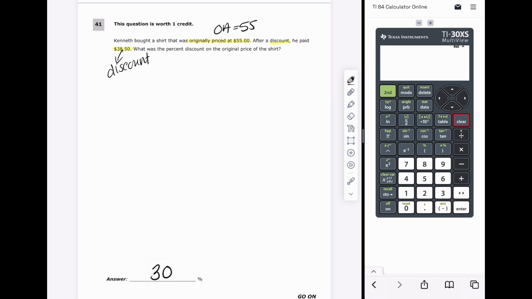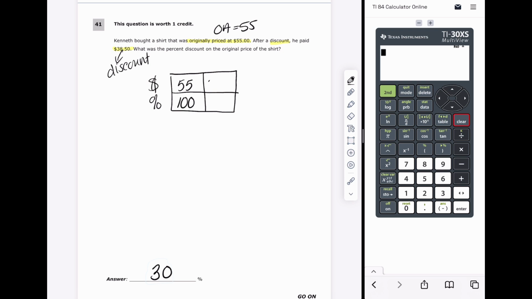So what we're going to do here is think of it as a ratio. There are different ways we can approach this, but I like looking at the money and the percents for a minute. The original price was $55, which represents 100%.